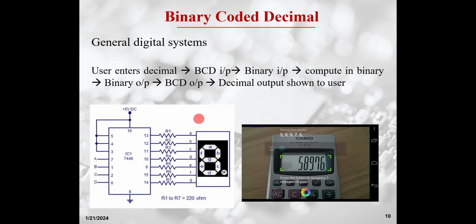So we give inputs through our keyboards generally in a BCD format, okay, for a calculator for example. The computer does the computation in binary, and finally the output should be visible in the decimal form. The brain cannot grasp binary, right?